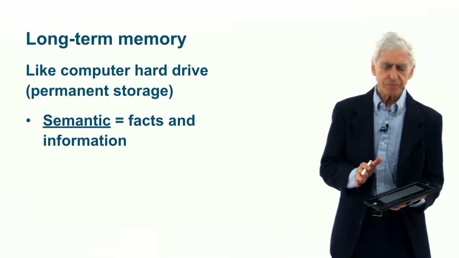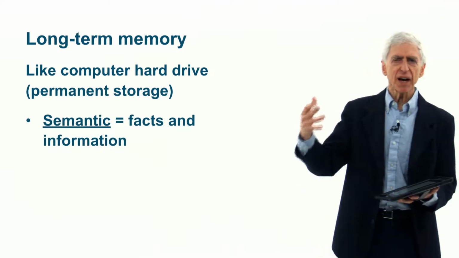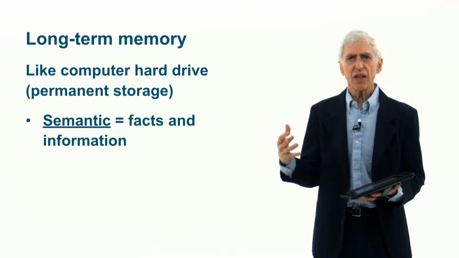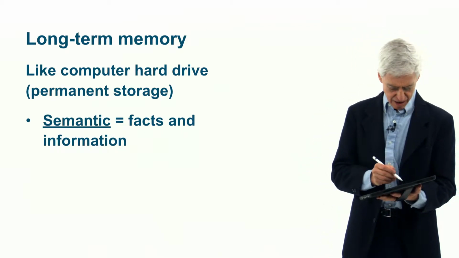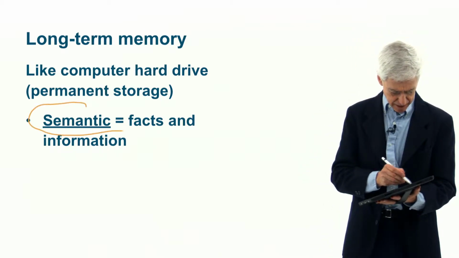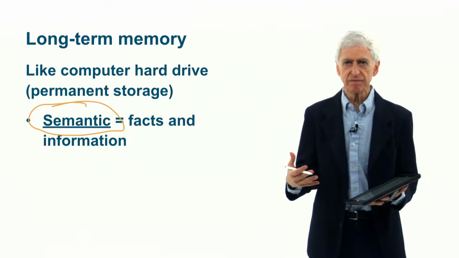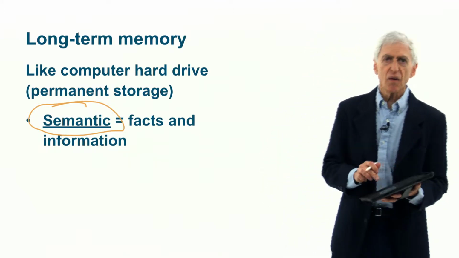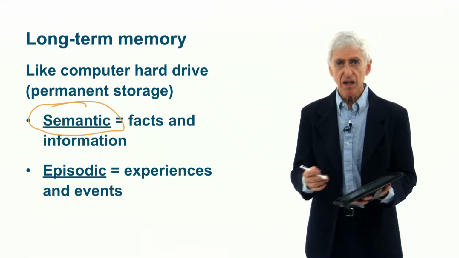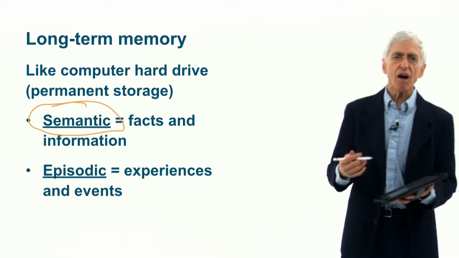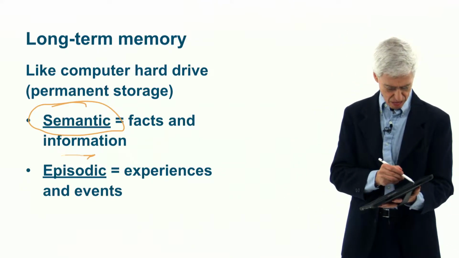Long-term memory. It turns out that there's actually 3 separate areas of the brain that handle long-term memory. The semantic area remembers facts and information, whereas the episodic areas are handling the long-term memory of experiences and events.